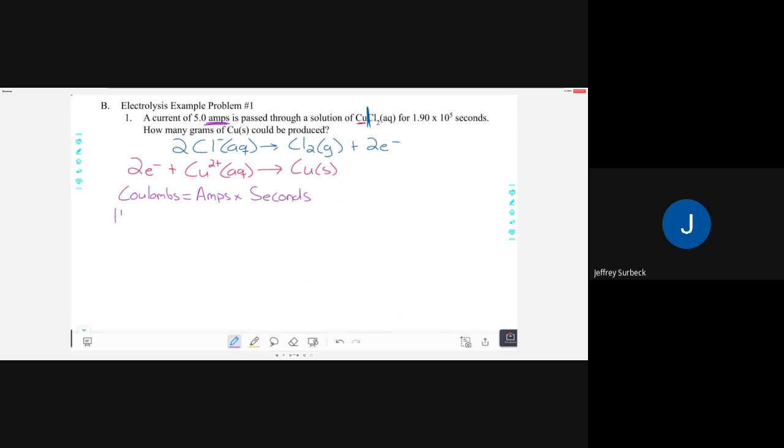I'm going to put hashtag I don't know my number of coulombs. How about amps? Do you see anything about amps? 5 amps. Okay. So we have 5.0 amps times how many seconds? 1.9 times 10 to the 5th seconds. A lot of seconds.